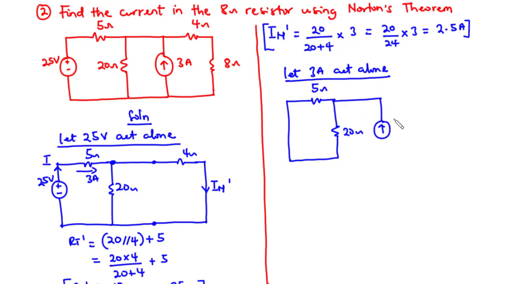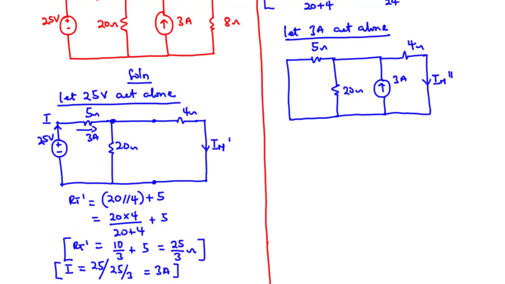We have the current source 3 amperes, 4 ohms, and then we have this to be IN prime prime. So let's find the value of IN prime prime.